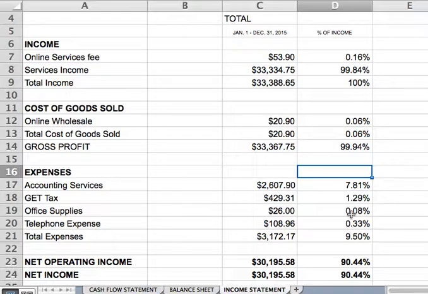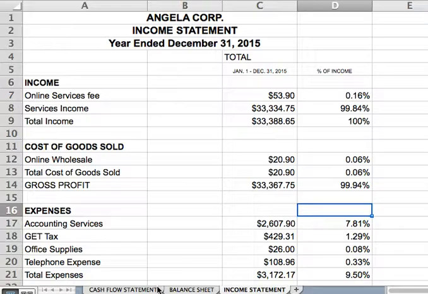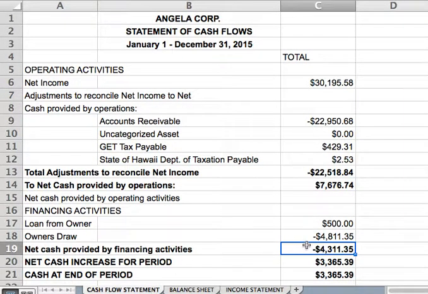There are two formats for operating activities: indirect method and direct method. The indirect method starts with the net income and adjusts it to net cash provided by operating activities, while the direct method restates the income statement in terms of cash.